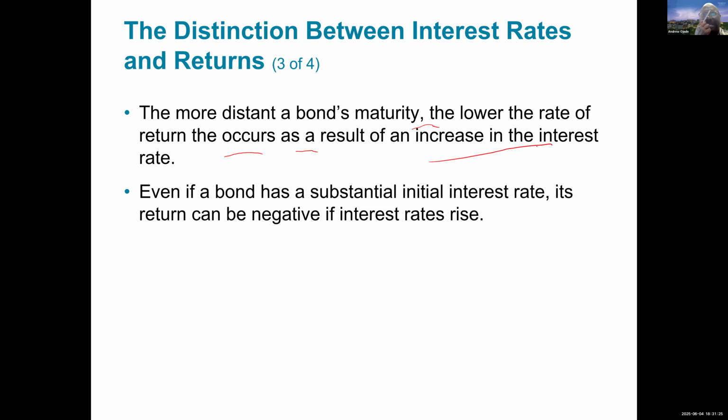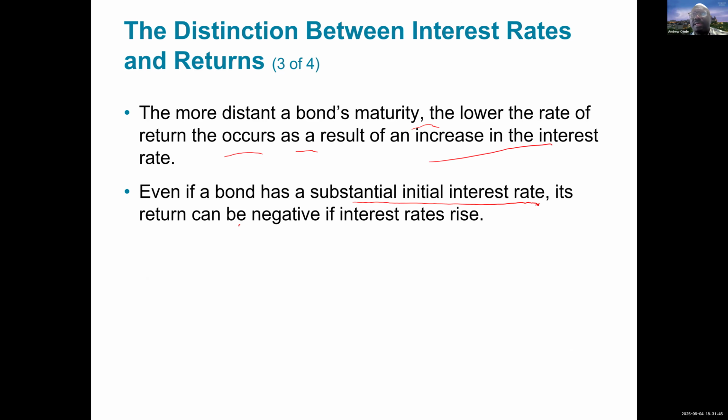That's right, because capital gain is part of return. If you're already suffering huge losses because the price went down and you sold your bond for a loss, that's going to have an effect on the return on a bond investment. So even if a bond has got substantial interest rate, its return can still be negative if interest rates rise.